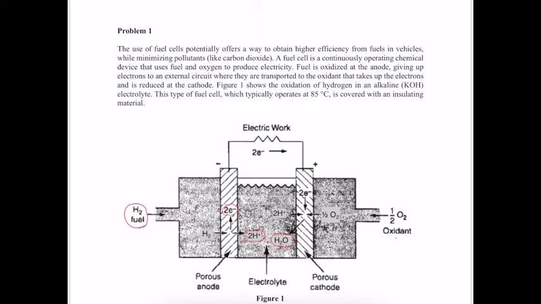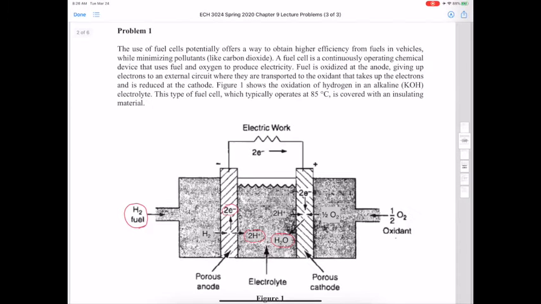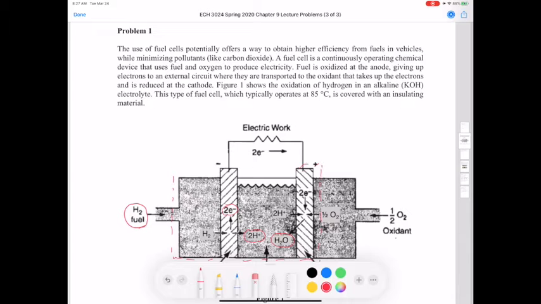Let's continue. The way we can think about this system, based on the information that was provided describing how fuel cells work, is we can draw our system boundaries here and say that we have a system where H2 fuel and oxygen are being fed into the system, and what's being produced is a stream of water and also a stream of electric work, which I'll abbreviate as WE here.